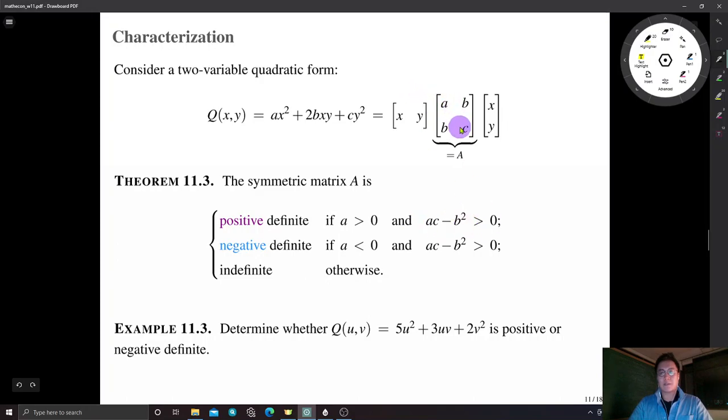So A times C minus B squared is positive. Then matrix A is positive definite.